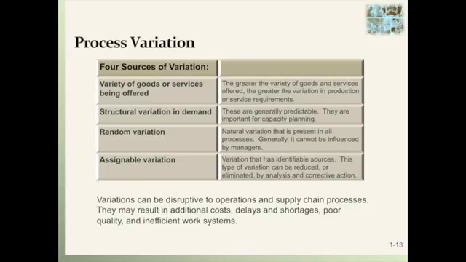If you give too small a scoop, you have customers who say, well, man, yesterday I got way more guacamole than today. So your goal is to give everybody the same amount of guacamole on your burrito. And so that's an example of assignable variations. So variations can be disruptive. They result in additional cost, delays, shortages, poor quality, and inefficient work systems.